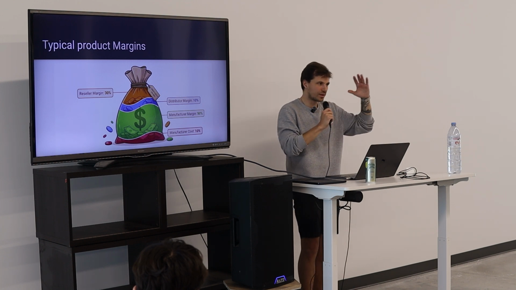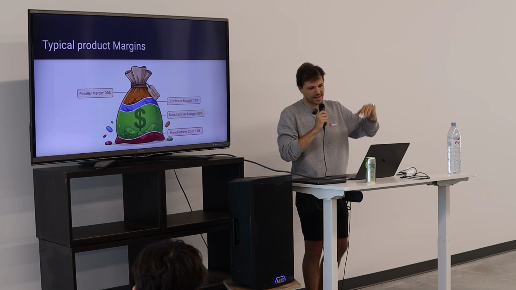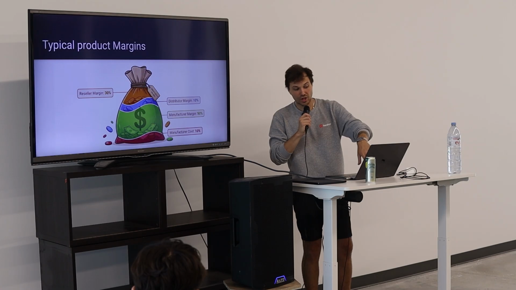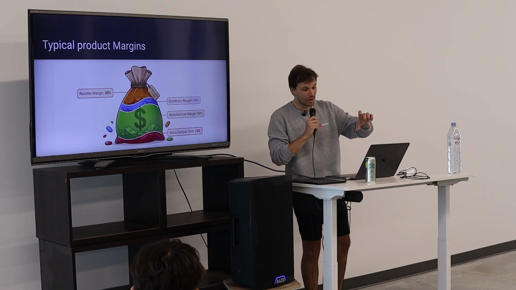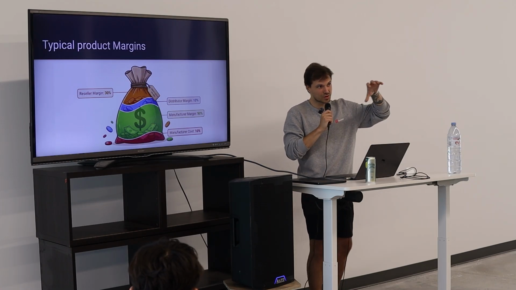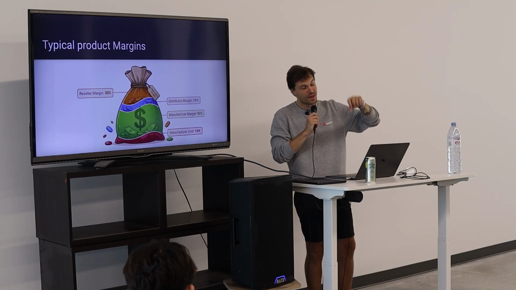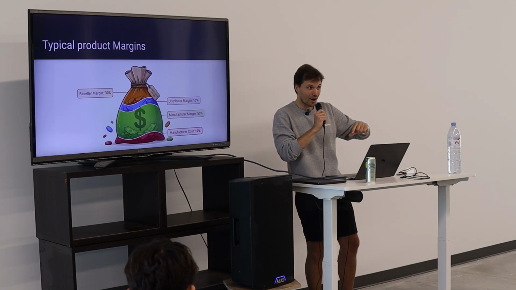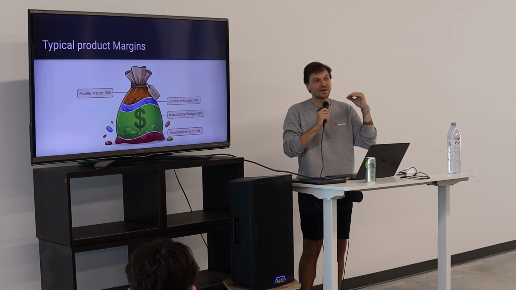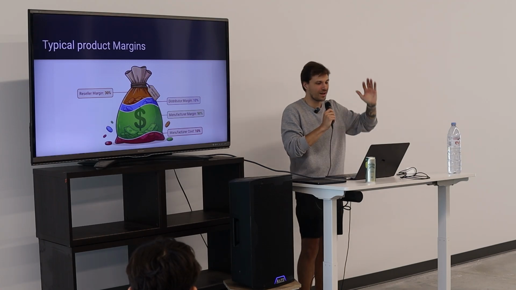The distributor typically will take about 10% of that. The manufacturer will take 50% just to manage its people, but the cost of the product that is being produced is only 10% of that whole value, right?